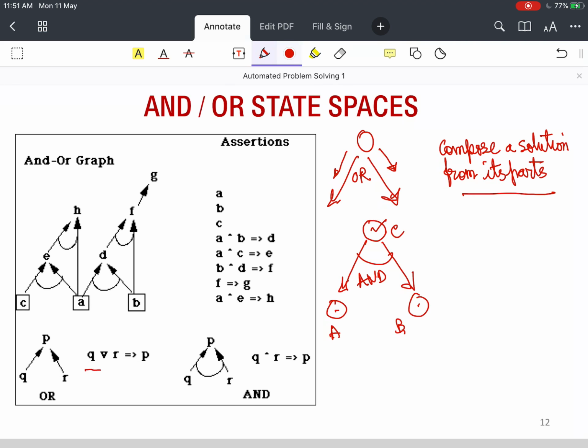For example, if Q or R implies P, then I can take either this route or this route. But if I say Q and R implies P, then to solve P, I need to solve both Q and R.